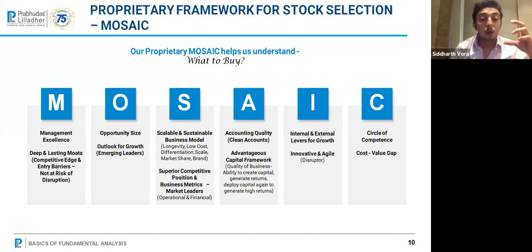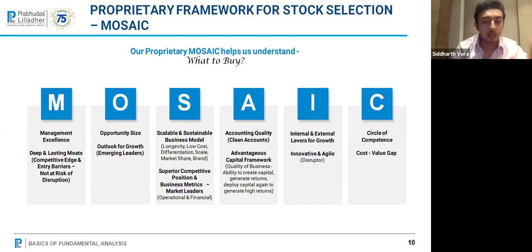If I'm able to generate some return on the capital that I've put in the business, but once I generate that return, I'm not able to redeploy that money into the business to earn incremental return, that is not a good sign. So create capital, generate return, redeploy capital to generate higher return. When this whole piece fits, you've got a beautiful business.